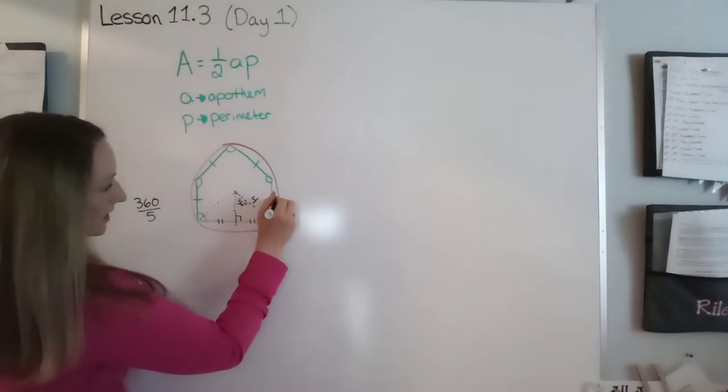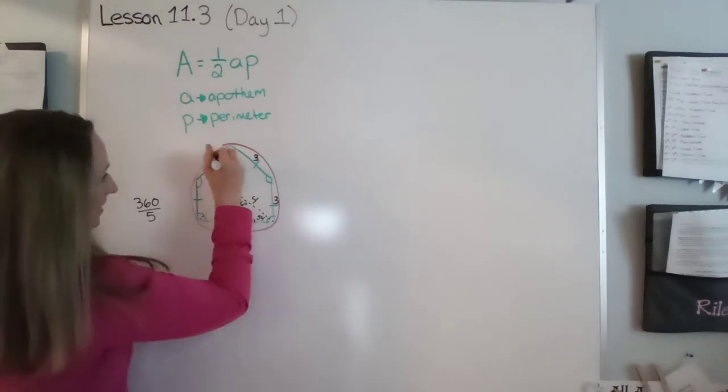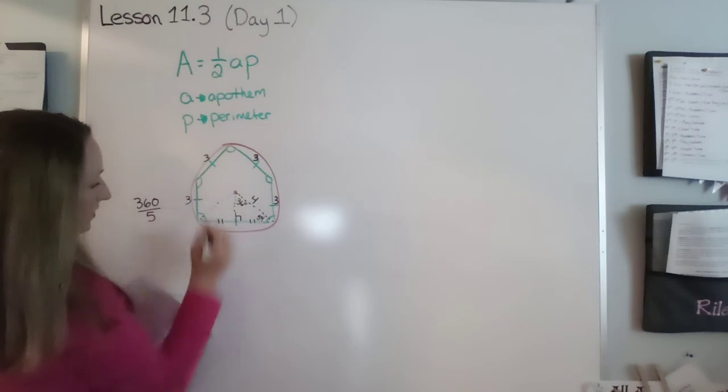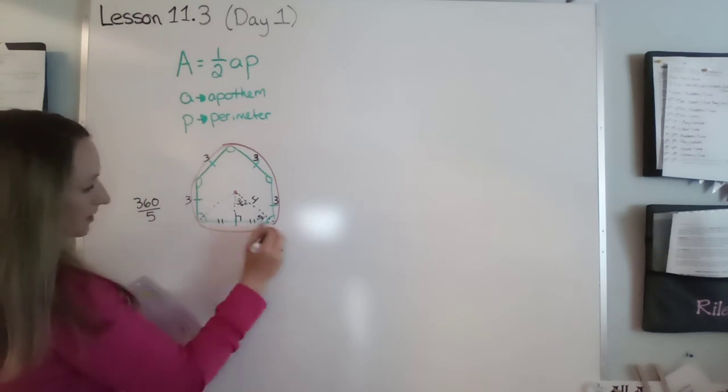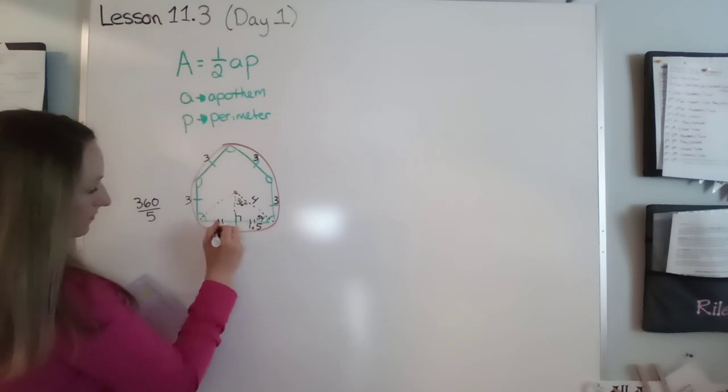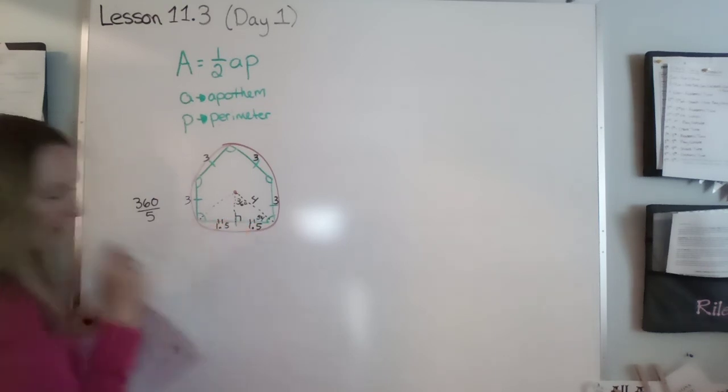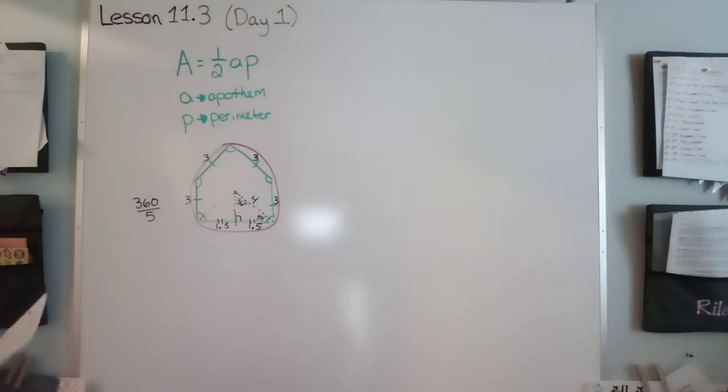So each of these sides, 3, 3, 3, 3. But instead of putting 3 here, maybe I break it in half, 1.5 and 1.5, because remember that apothem broke it in half.